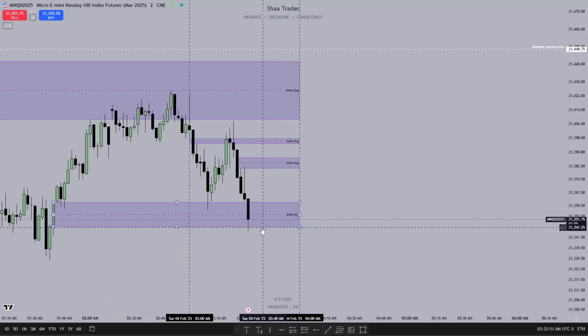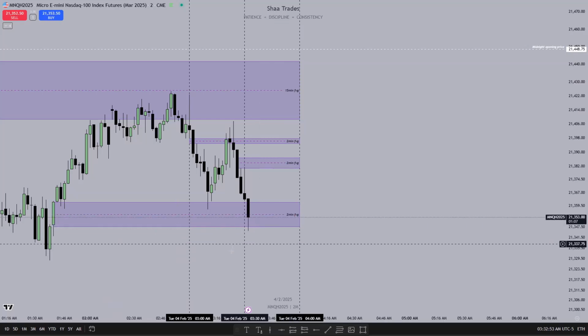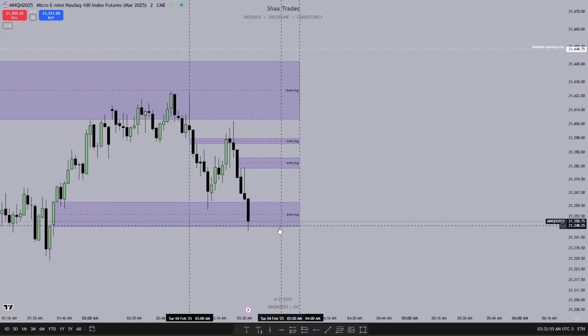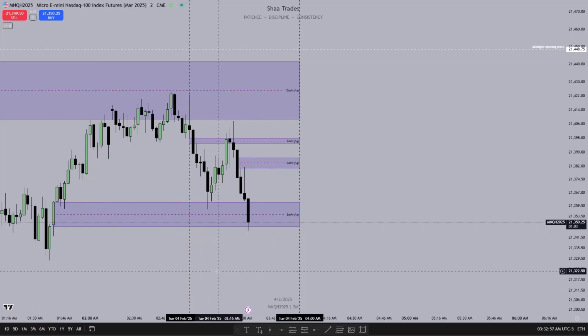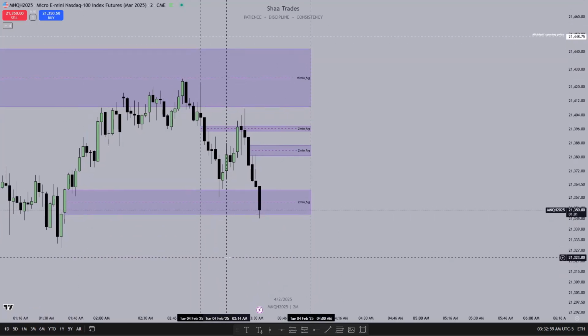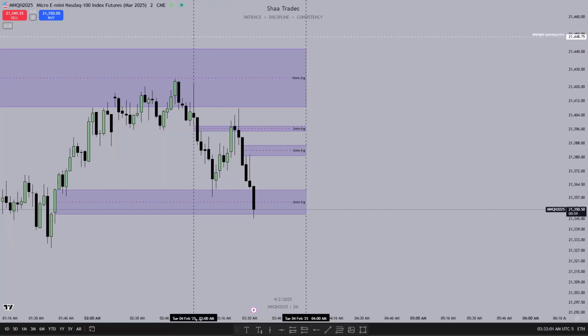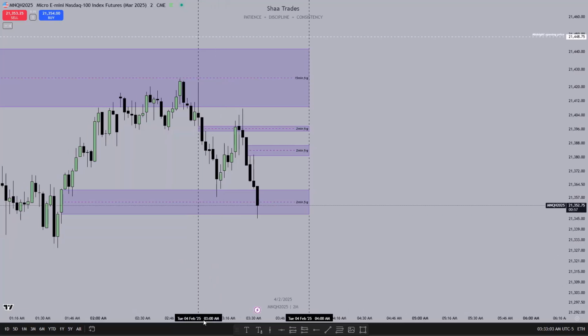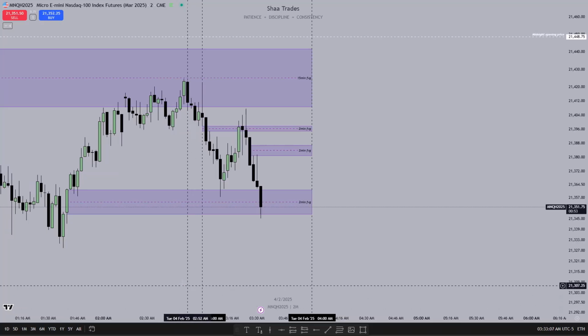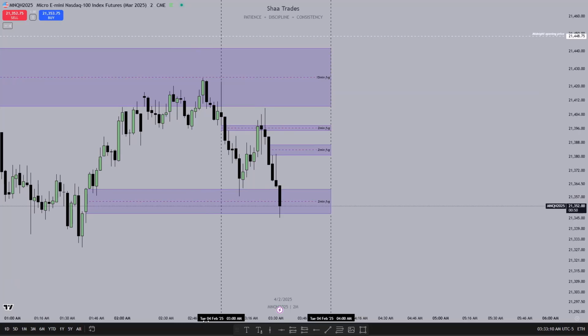So now we trade below here. Now we're looking for a closure below this here. Once we get a closure, then we will look for a short setup. Not until we get the closure. We're not going to jump in until we get that closure.